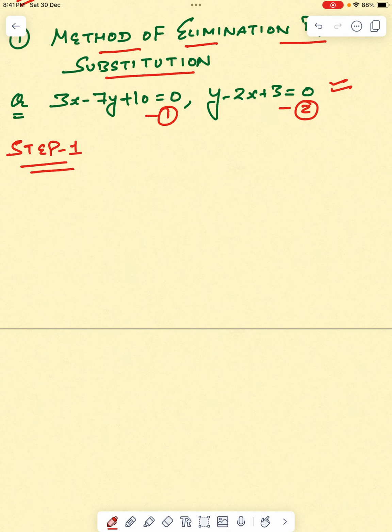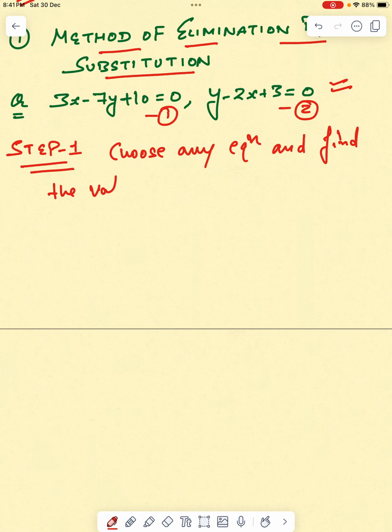Choose any equation and find the value of any chosen variable.